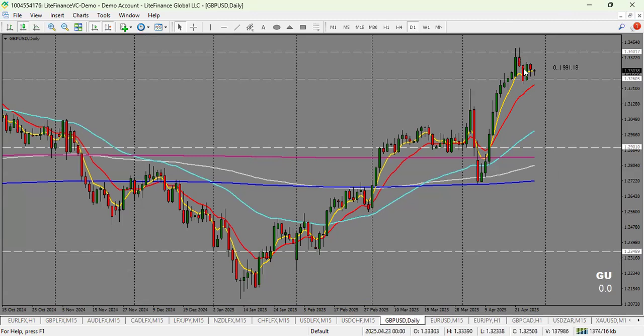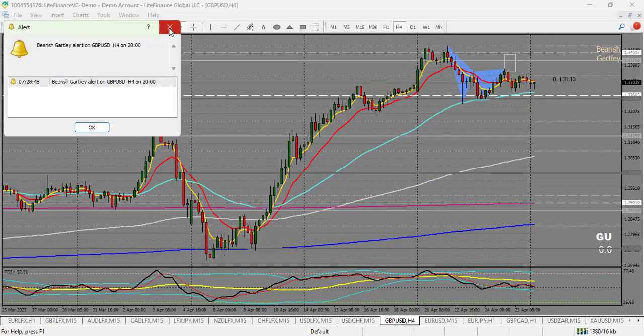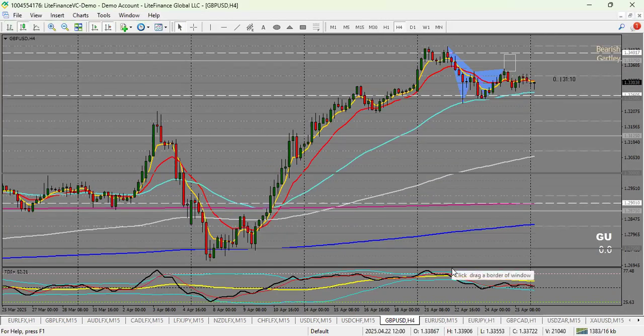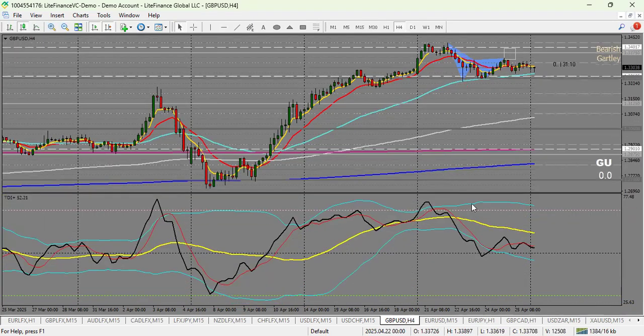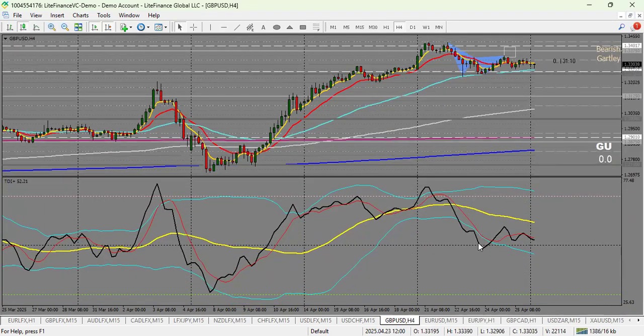So we are preparing for that. So right there, and on the hour 4, we already had a shark fin here around the level middle. So this is the level middle, the 50. So we already had a shark fin, although price is still consolidating.